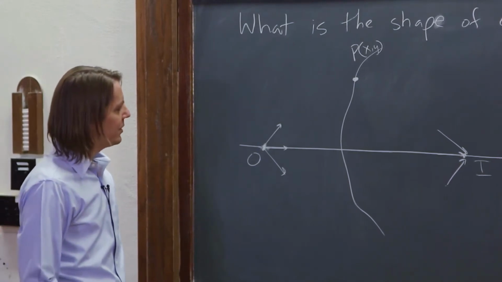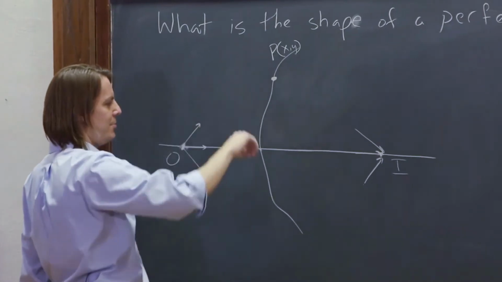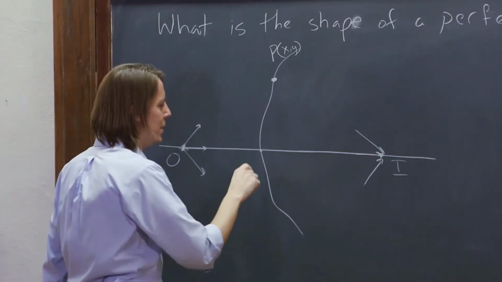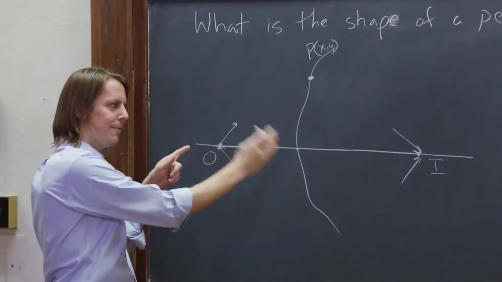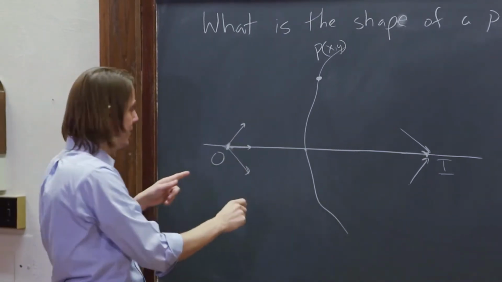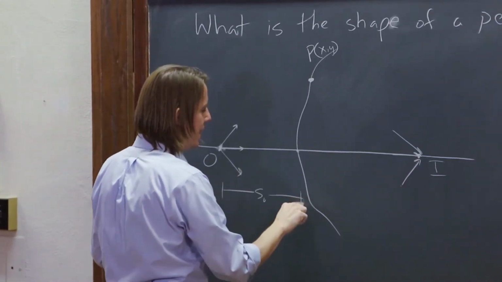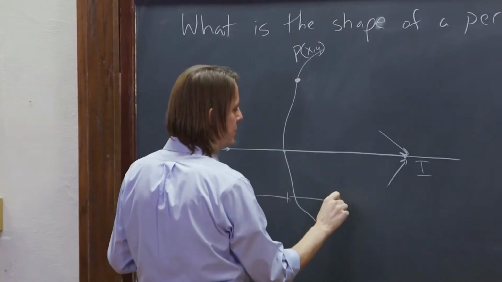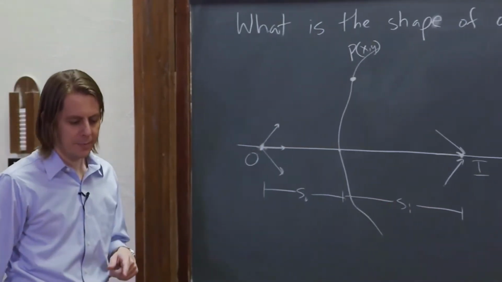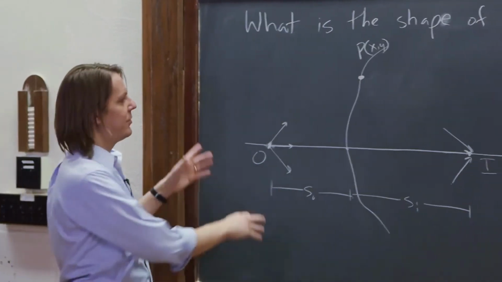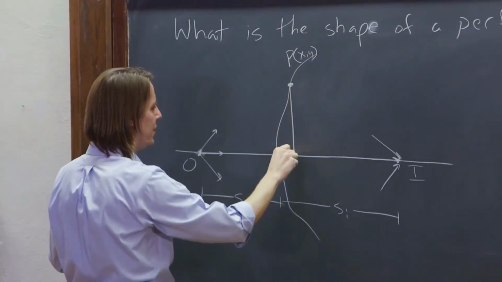Once we do that, we can define a couple of other things. If this is the vertex of whatever this shape is, this is where it hits the optical axis. We now have a couple of important distances. The distance from the object to the front of the imaging system is S_O, the object distance. And the distance from there to the image is S_I. We are thinking about some point on this surface, and it's always good to draw a normal straight down like that.